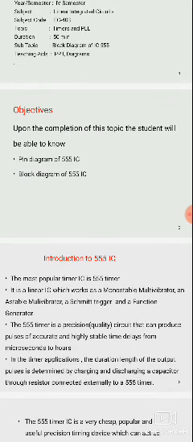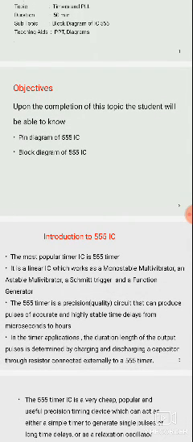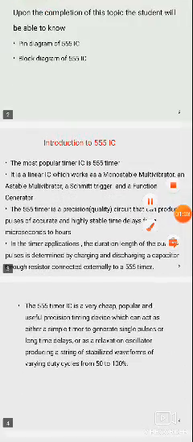First, the most popular timer IC is the 555 timer. The 555 IC works as a timer. It is a linear IC which works as a monostable multivibrator, an astable multivibrator, also a Schmitt trigger and a function generator. Monostable means mono, a single stable state. A multivibrator is used for generating different kinds of waveforms.